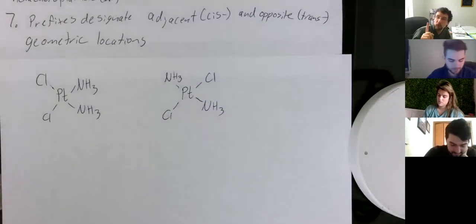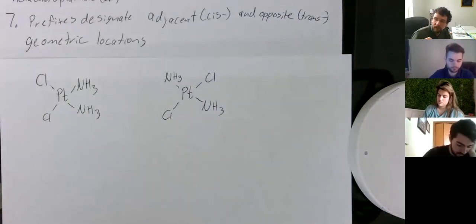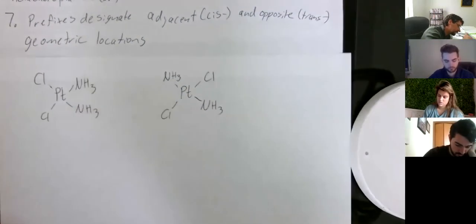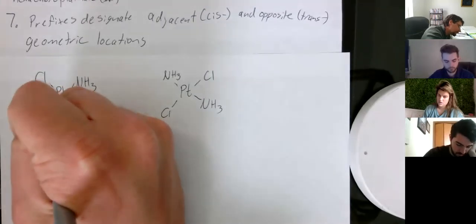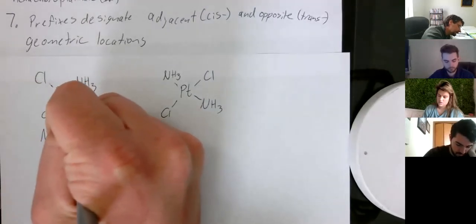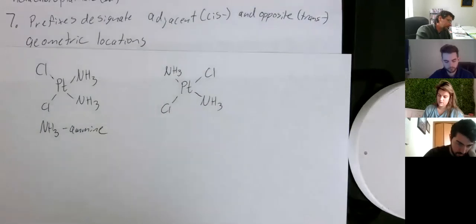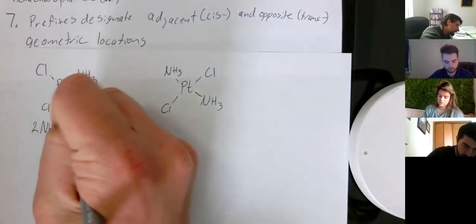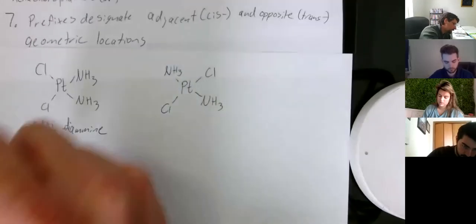So first, what do we got to do first? Point out the ligands. Yep, point out the ligands. What ligands do we got? Ammine. Yep, we got NH3. And what else? Yep, we got chloro. 2 of them. So we got diammine and dichloro. Yep.